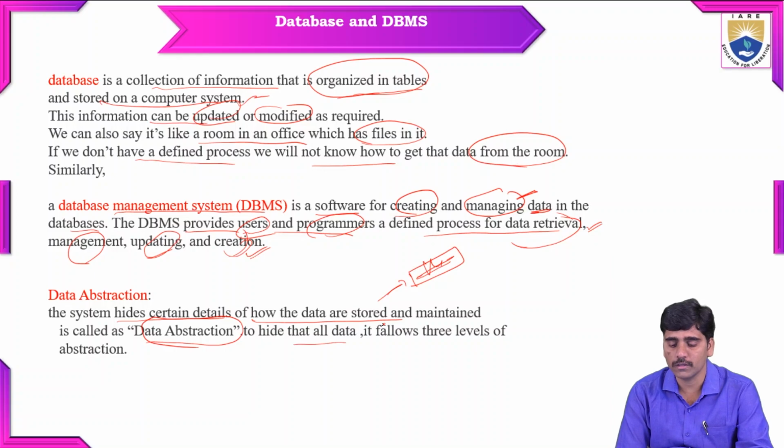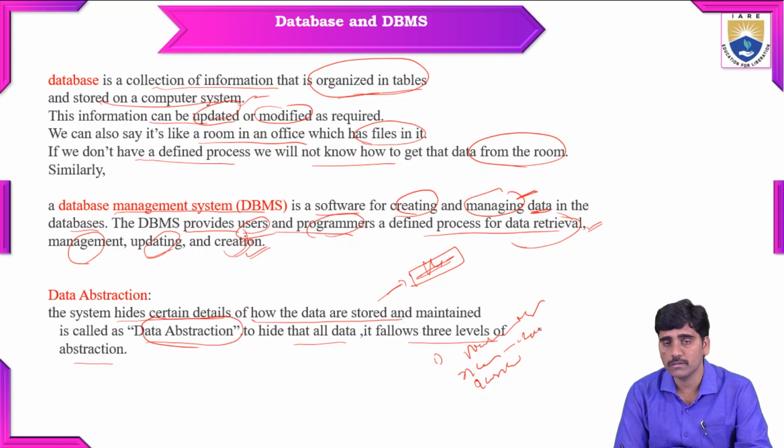To hide all that, it follows three levels of abstraction: view level, conceptual level, and logical level. These are the levels of schemas that are used to hide the details.